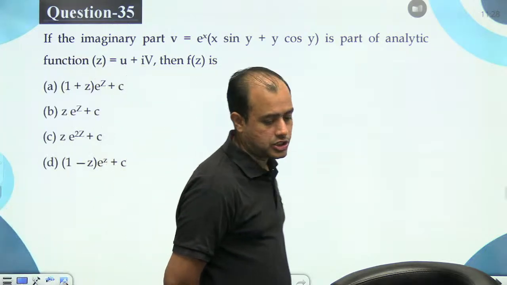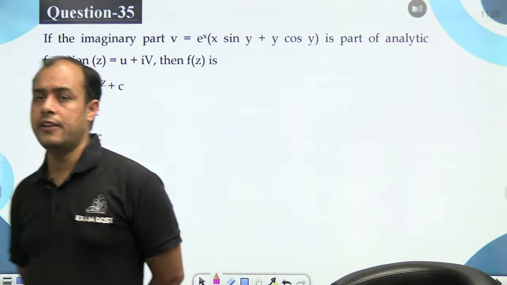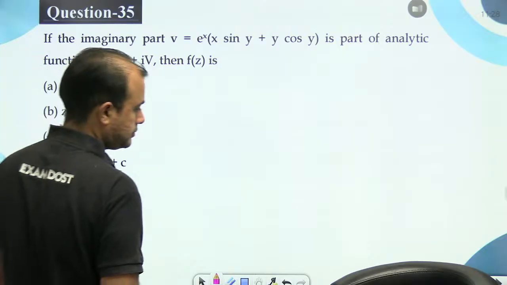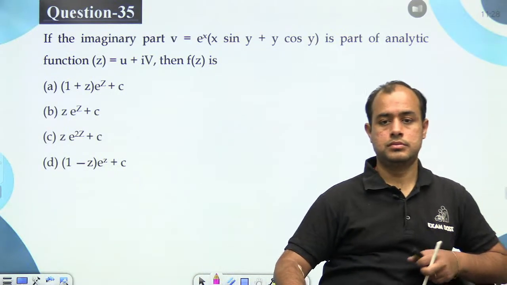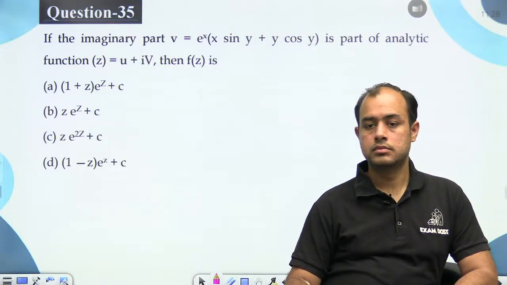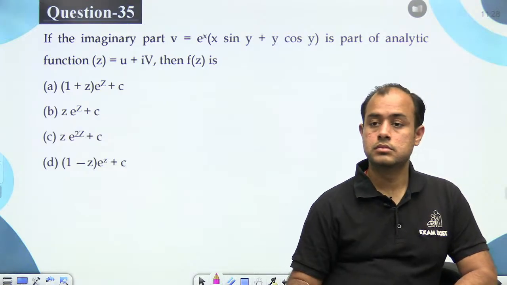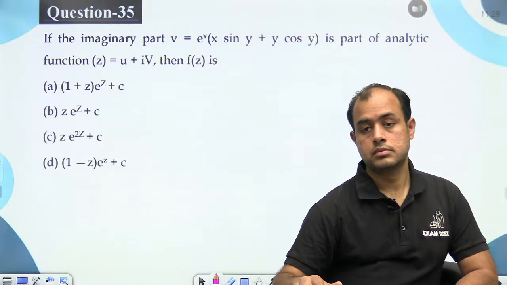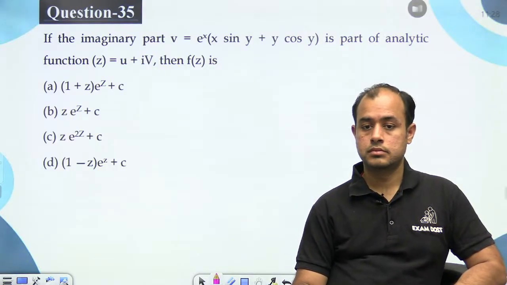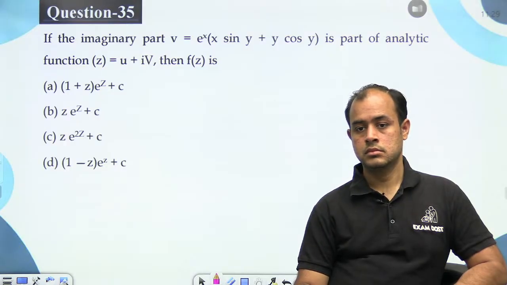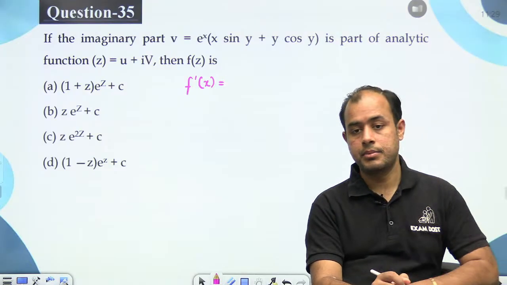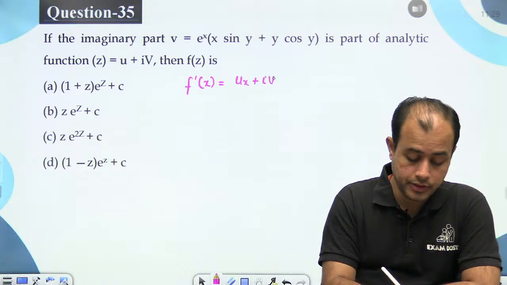If this is a part of analytic function, then what is the value of fz? f dash x basically ux plus iota vx.